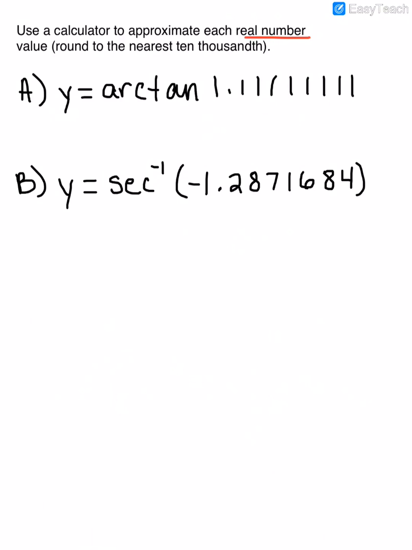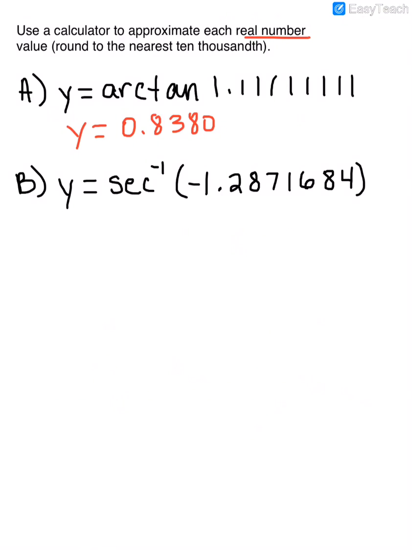So we would first make sure that our calculator is in radians and then press the tangent button twice to get to tangent inverse and put in 1 point, and there's 1, 2, 3, 4, 5, 6, 7, 8 ones. If we put that in our calculator, we get that y equals 0.8380 when we round it to the nearest 10,000th.